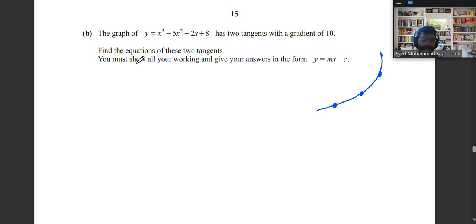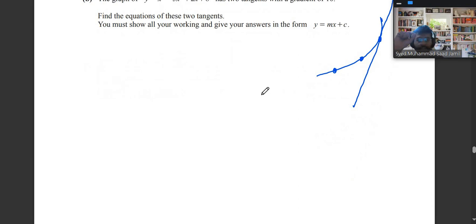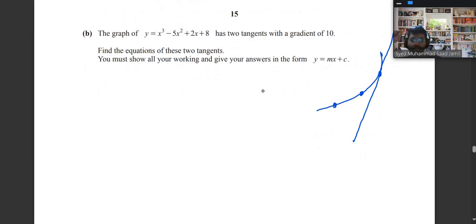But if you have a tangent like this, the tangent will have the same gradient. So in order to find the gradient at a particular point, we do derivatives. Now I will be attaching the video for derivatives in the comment section below as well.